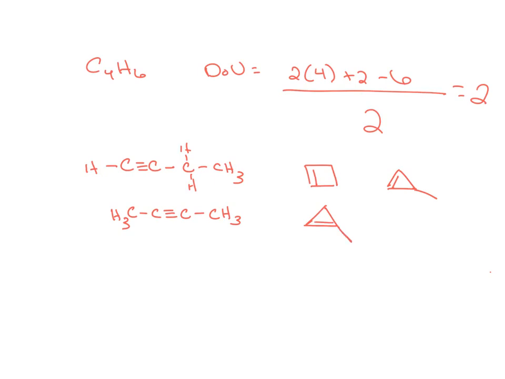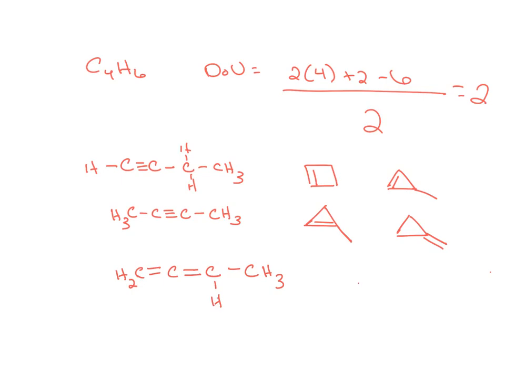So like this. I could also have the double bond external to the cyclopropane. And then finally, I could have something called an allene, which is 2 double bonds side by side. So that would be one possibility.